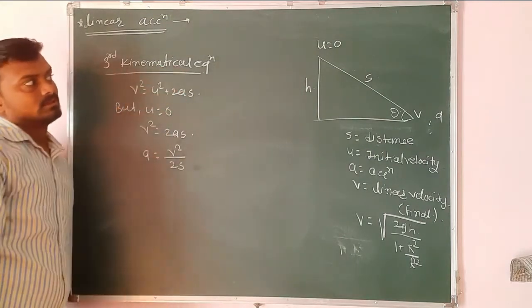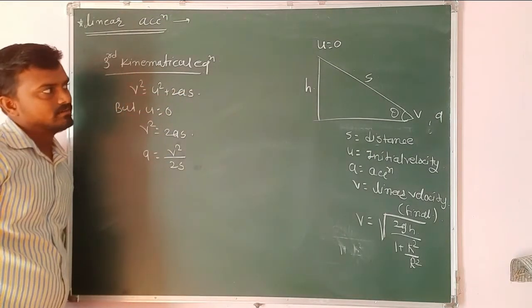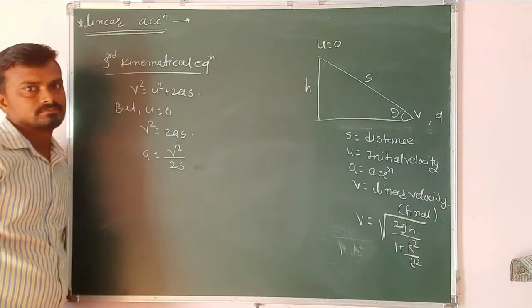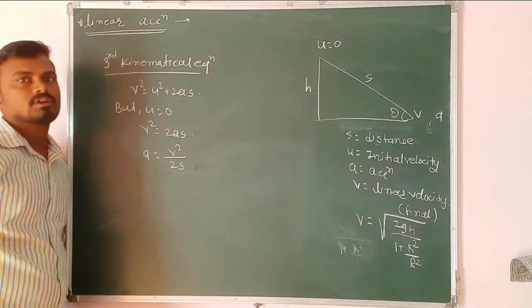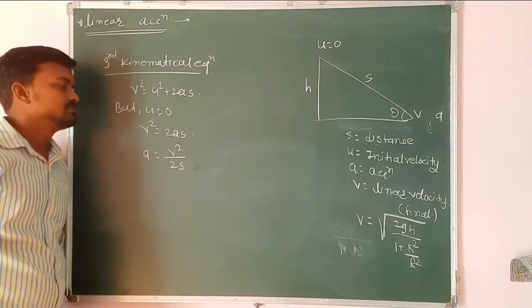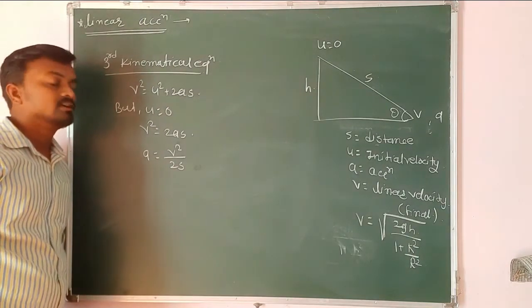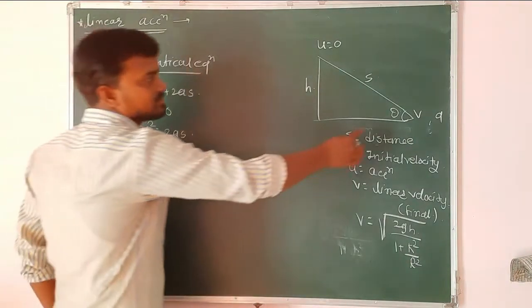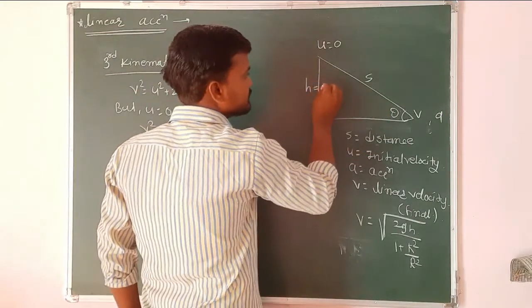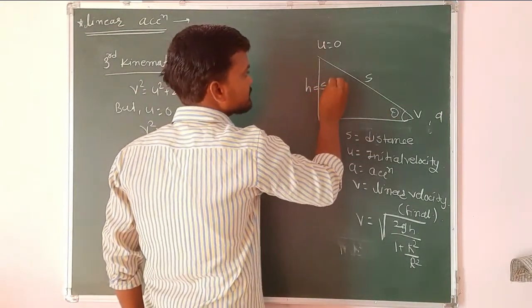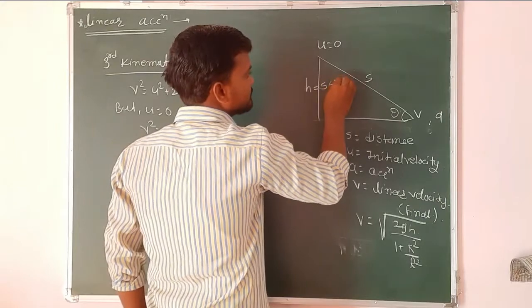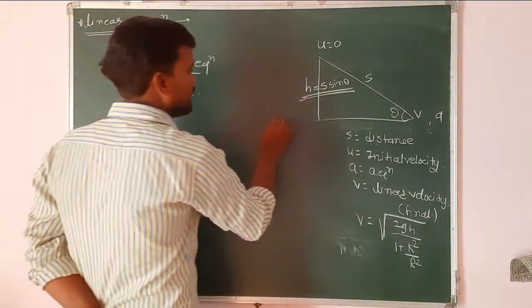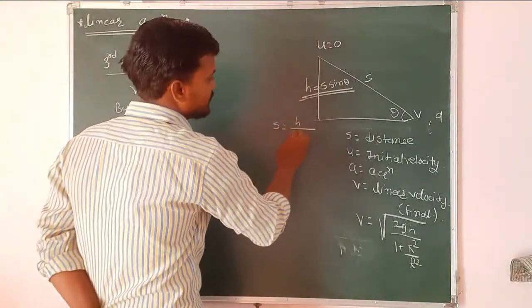And if we consider the figure, then from the figure, if this angle is theta, then h is equal to s sin theta, and s is equal to h upon sin theta.